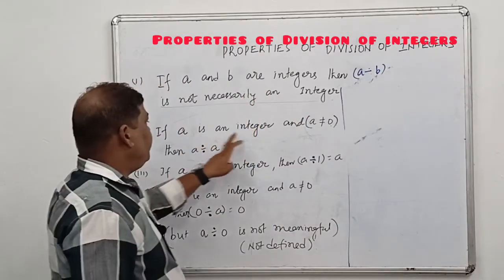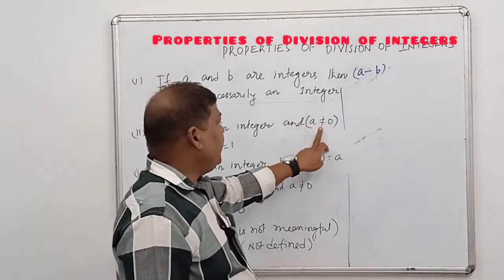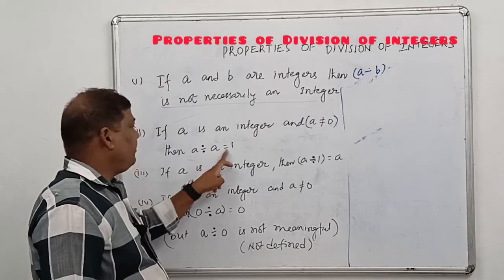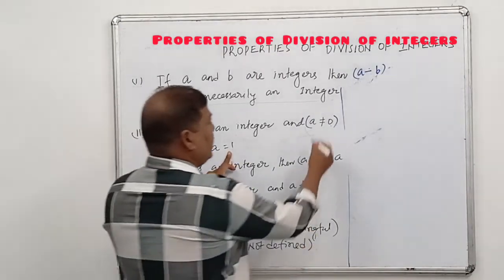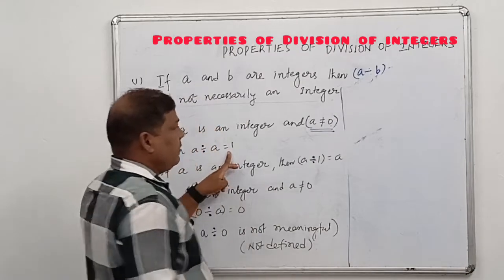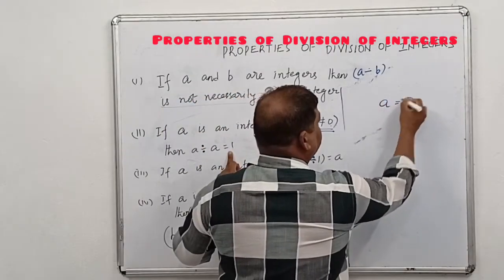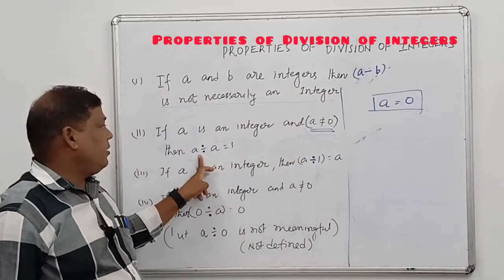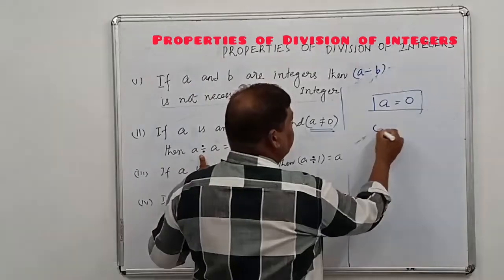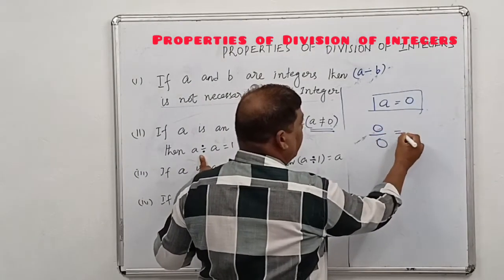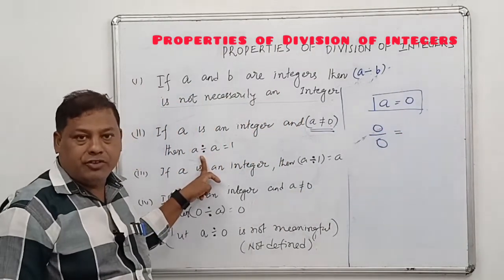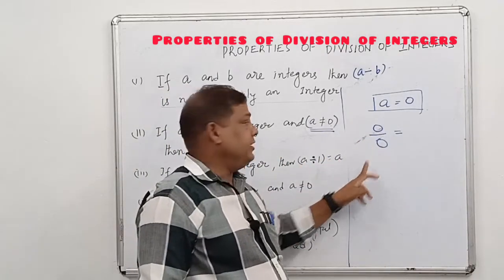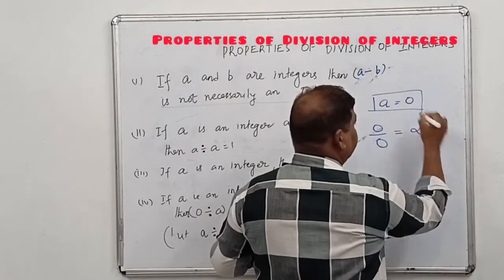If a is an integer and a does not equal 0, then a upon a is equal to 1. Here a does not equal 0. अगर हम यहाँ a equal to 0 लेंगे तो रिजल्ट क्या होगा देखेंगे. a equal to 0 means 0 by 0, and 0 by 0 is not defined. इसको कभी हम लोग फाइंड नहीं कर सकते.